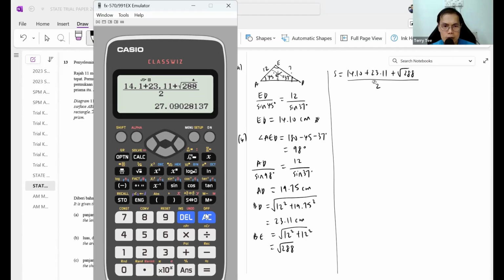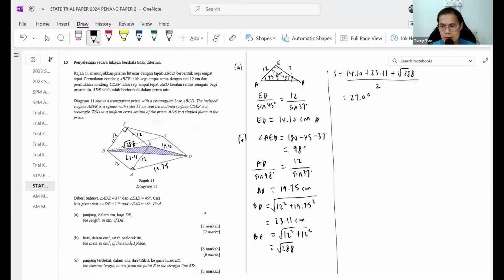Okay, I've got 27.09. By right, we should use one more decimal point to be more accurate, because up to 5 significant figures. But since after the 9 is still 0, it doesn't matter. We take 27.09.